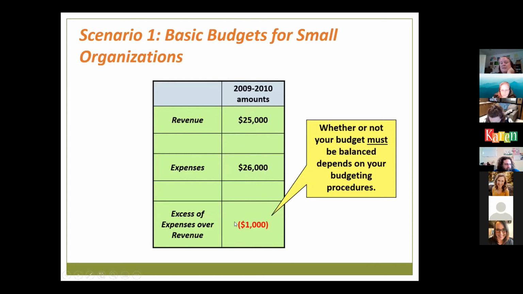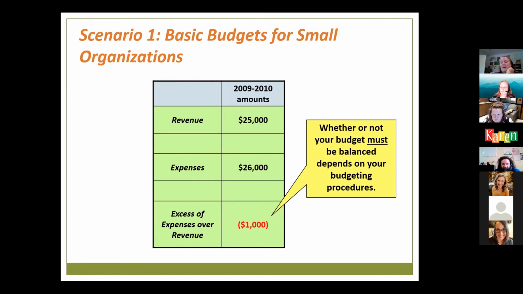Not a balanced budget. Is that okay to do? Are you allowed to do that? Xander's shaking his head no. Yeah, that's a no-no. Well, maybe it's not good practice doing it over and over, but there are actually times when that's perfectly fine.